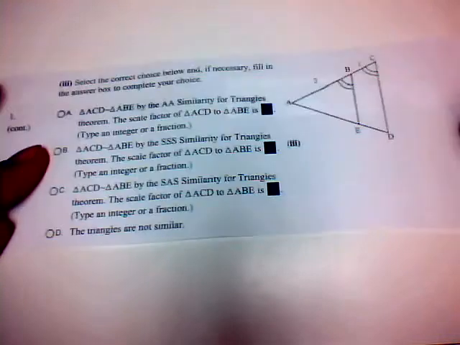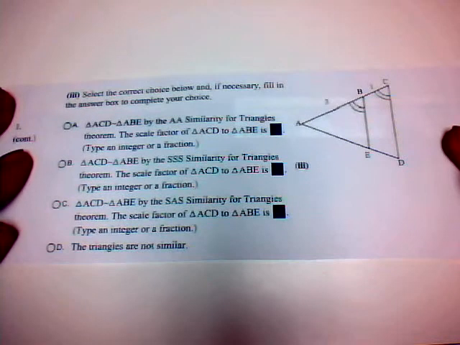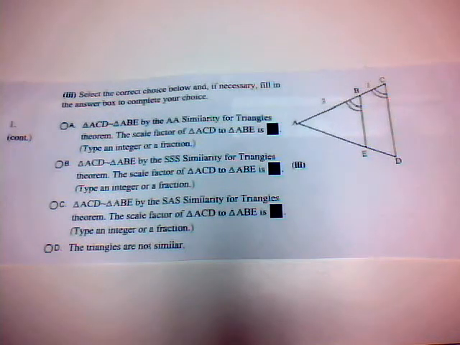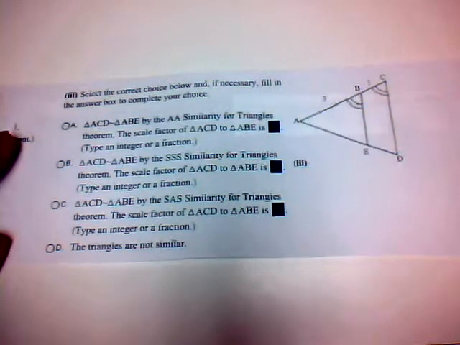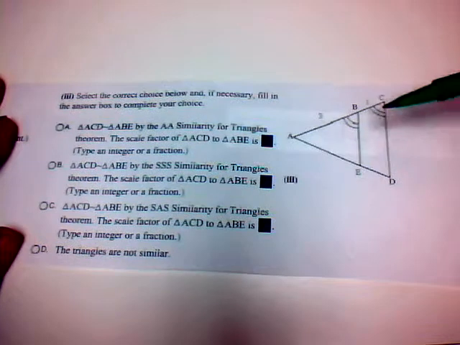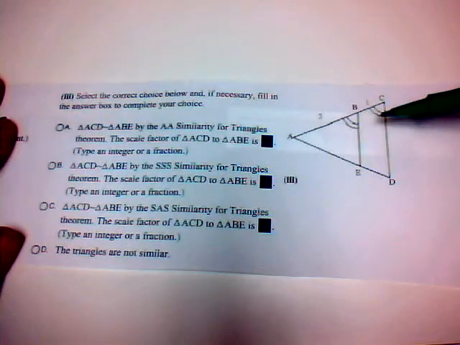Okay. Now here's part 3 of number 1. We want to prove or show that these two triangles are similar, if at all possible. In this case, angle B and angle C are congruent to each other.